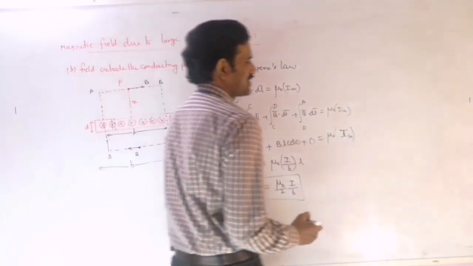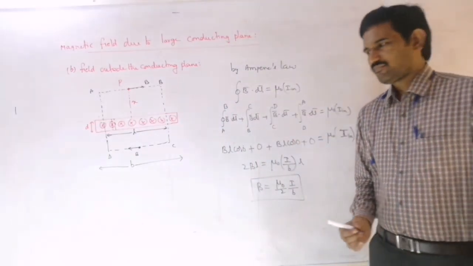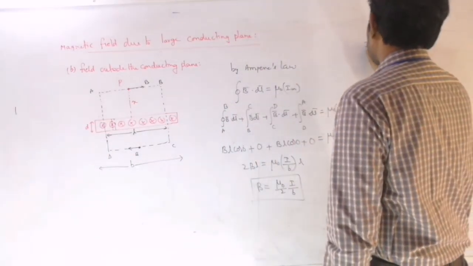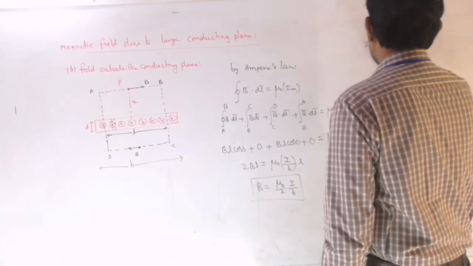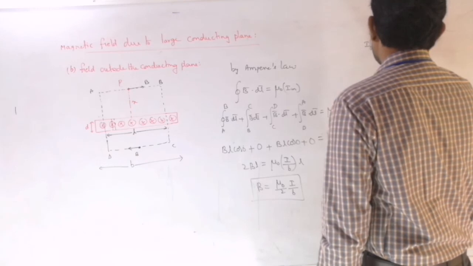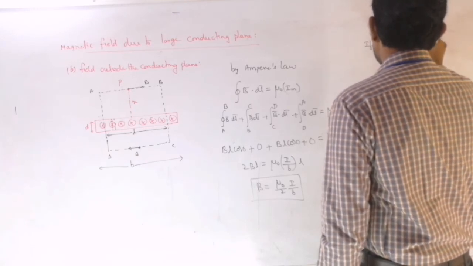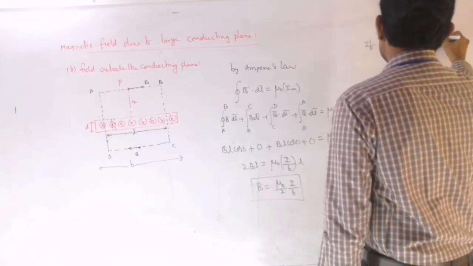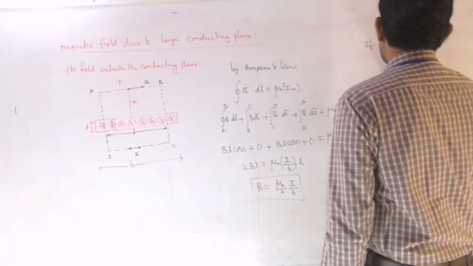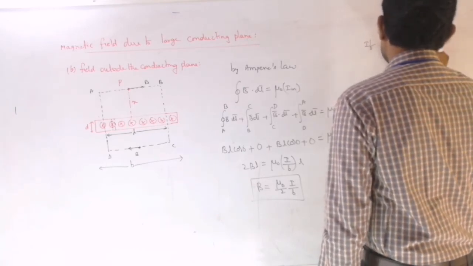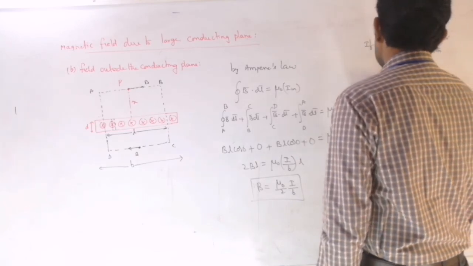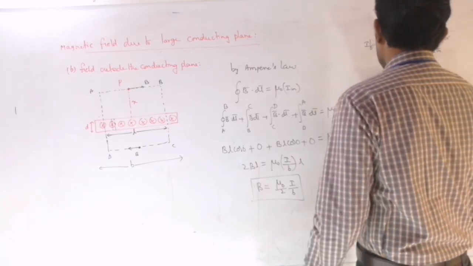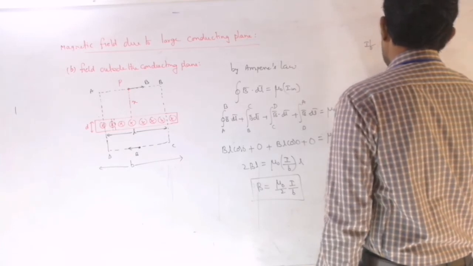So I by b generally they will express as K. So if K is equal to I by b, current per unit width, therefore the magnetic field at this point due to this plane, what we can write is mu naught K by 2.